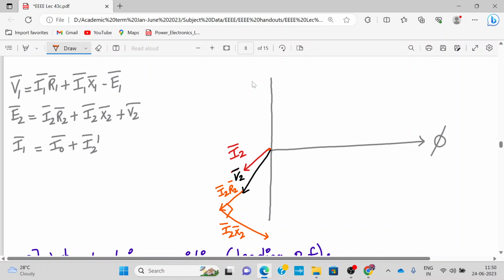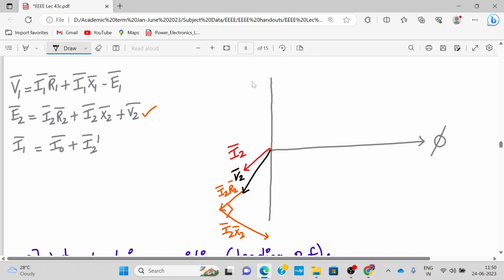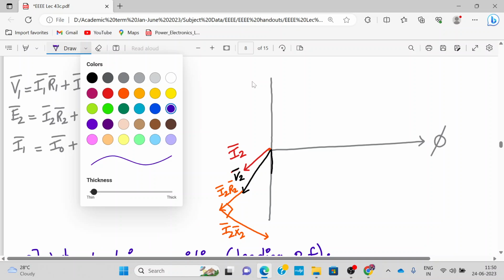I2 resistive drop is I2 R2, right? So this I2 R2 is parallel to I2, and this is V2. So 90 degree here we have drawn I2 X2, and that gives E2. So E2 I will be drawing it over here now. Let me take a different color, blue one.